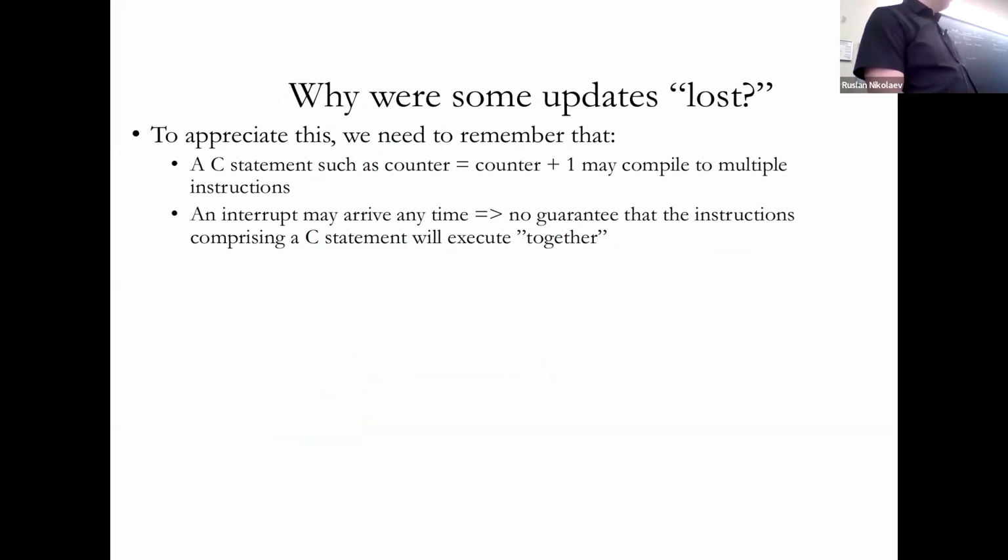So one issue we mentioned is the interrupt. Just remember that this counter +1 doesn't really mean that it's going to be internally +1. We may have 3 instructions, so anytime we can get an interrupt, and therefore anything can happen, we can have a preemption.